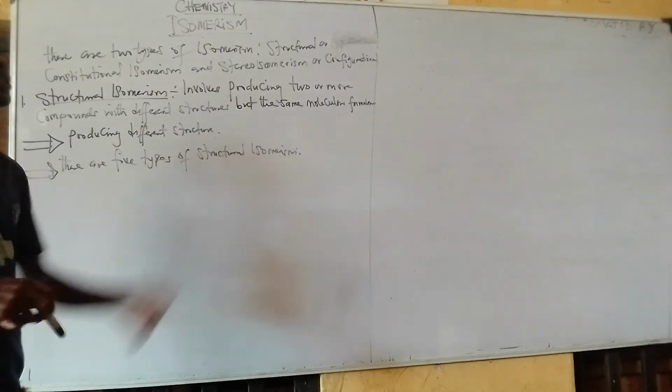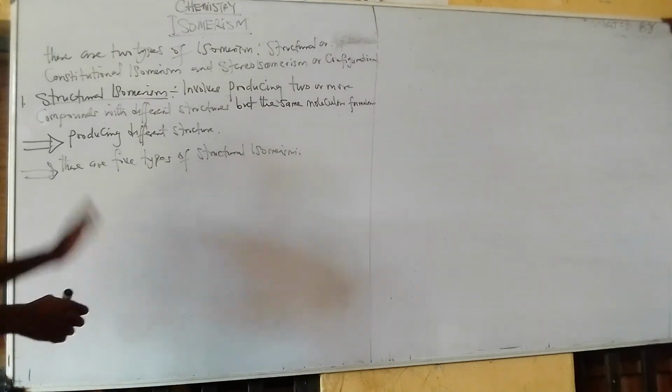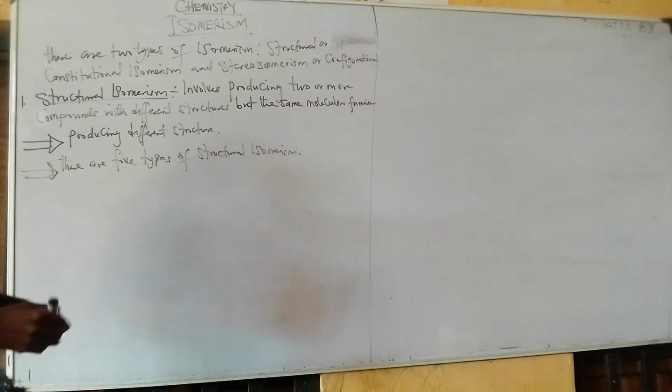There are 5 types of structural isomerism, depending on how I produce these different structures.